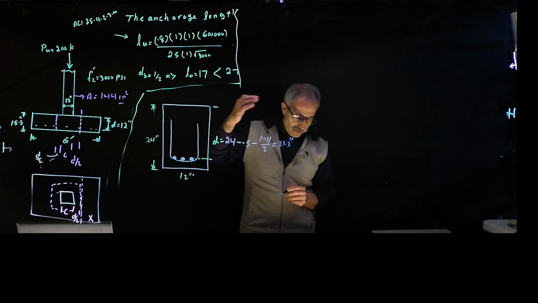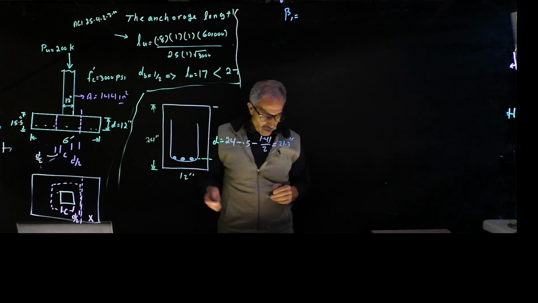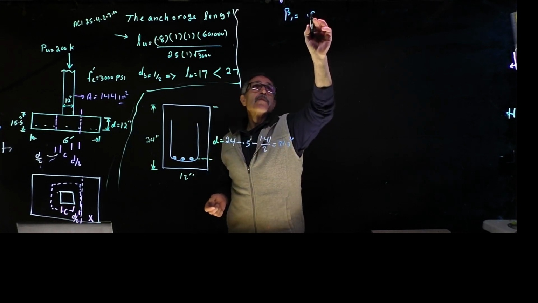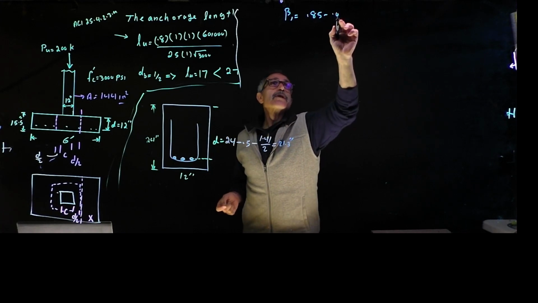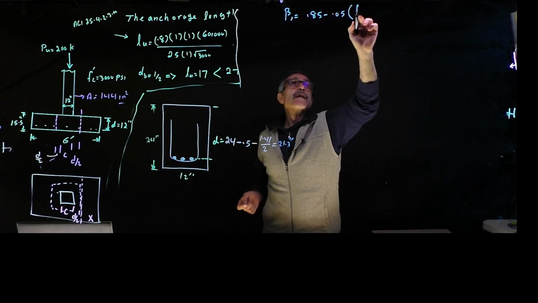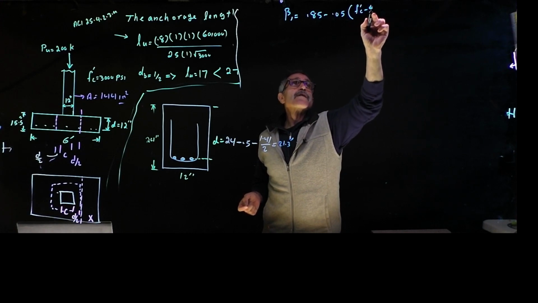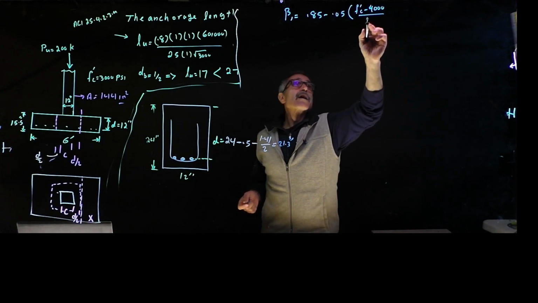Then again, from the FE handbook, we want to calculate beta 1, and that is equal to, by looking at the equation, find it yourself, 0.85 minus 0.05 times (f'c minus 4,000) divided by 1,000.